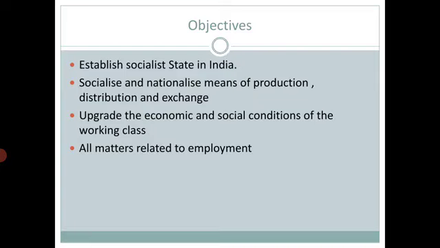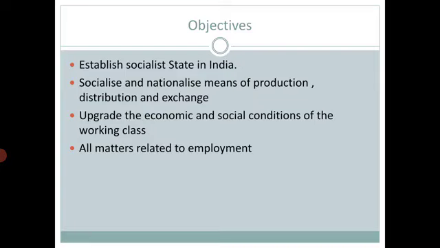Who will think about the working class? No one. What about the demands of the working class? Nothing. Who will think about this? No one. This can happen.